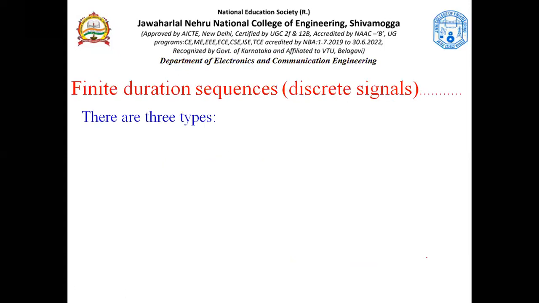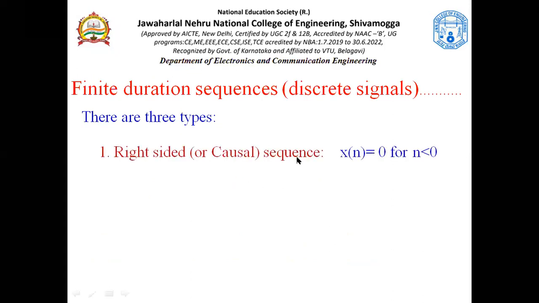We also discussed there are three types of sequences. One is the right-sided sequence. It will only be there from 0 to infinity. They are also called causal sequences. We also saw the left-sided sequence, which ranges from minus infinity to zero.